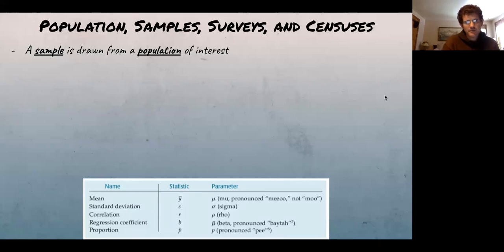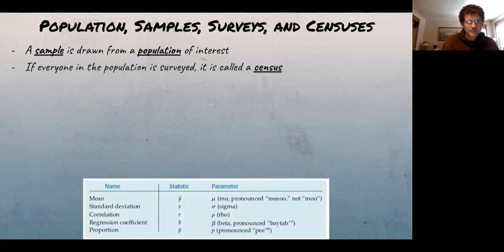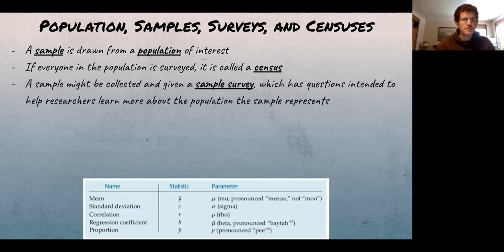So a sample, that's what we're talking about today, sampling, where a sample is drawn from a population of interest. Now, if you did happen to survey everyone in the population, it's called a census, which is why every 10 years we do a national census in the United States. So a sample might be collected and given a sample survey, which has questions intended to help researchers learn more about the population that the sample represents.